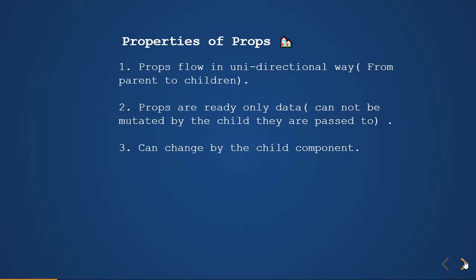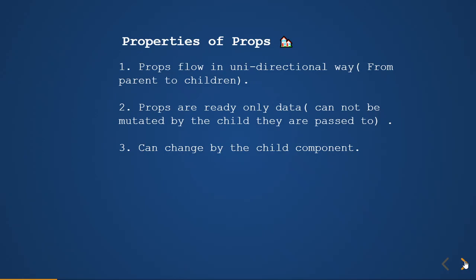So, what are the characteristics of props? The first one you should have in your mind: props flow in a unidirectional way. That means they come from the parent to the child. They never come from the child to the parent. I'll show a diagram of how props flow, and what's the parent and what's the child.